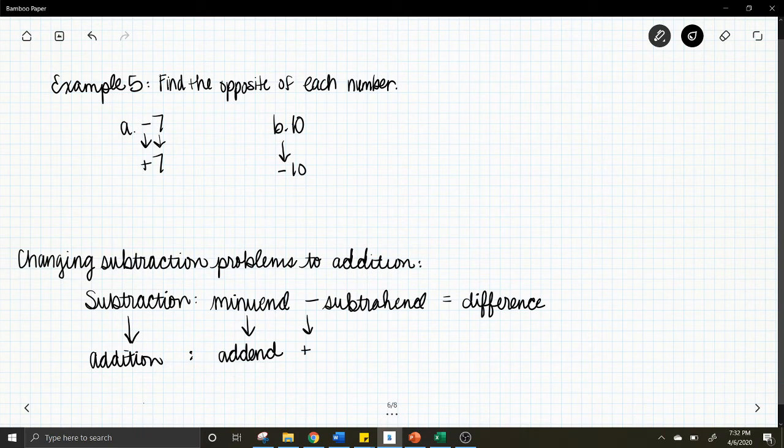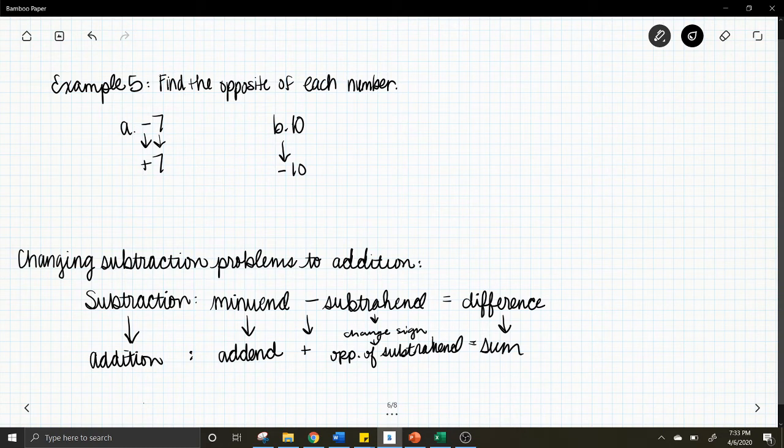And then for your subtrahend, you have to change the sign of the subtrahend. That means if it's positive, make it negative. If it's negative, make it positive. So that becomes the opposite of the subtrahend. And then instead of difference, remember the solution to an addition problem is the sum.